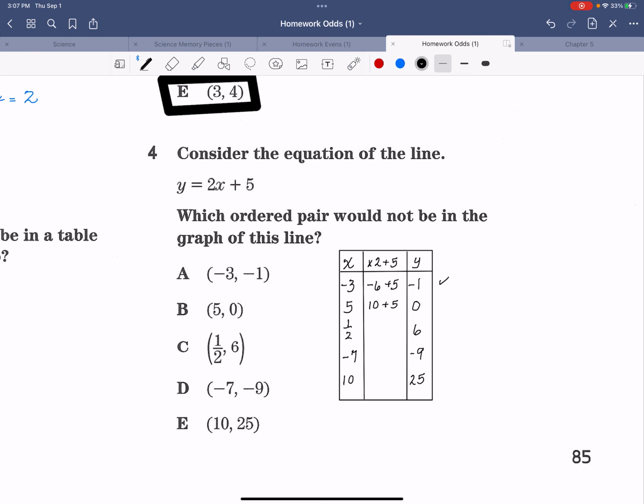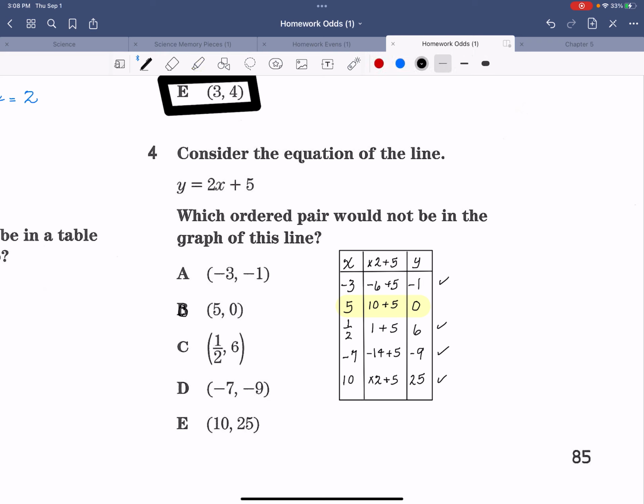That does not check out. 1/2 times 2 is 1 plus 5. That checks. That's 6. -7 times 2 is -14 plus 5. That checks. And then 10 times 2 is 20 plus 5. That checks. So which one of them does not check? Well, clearly that is this one, and that would be your answer.